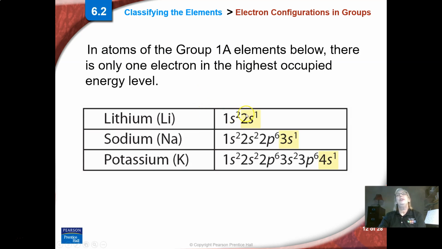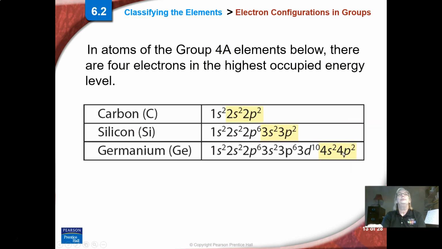So lithium, group 1, has 1 in its outer shell, sodium 1 in its outer shell, potassium 1 in its outer shell. Group 4 has 4. 2 plus 2 is 4. So that tells you there's 4 electrons in the valence, the highest occupied energy level.